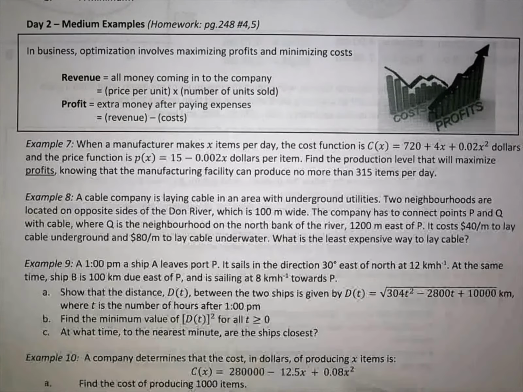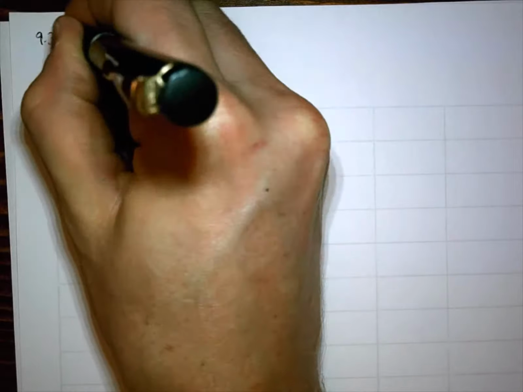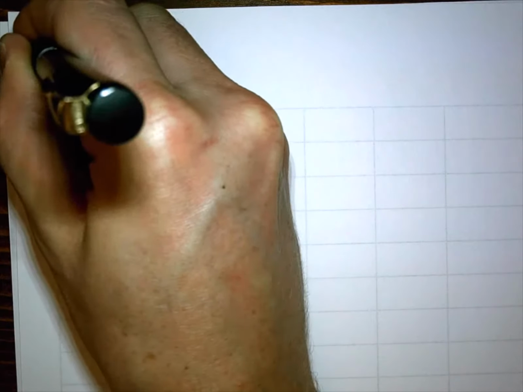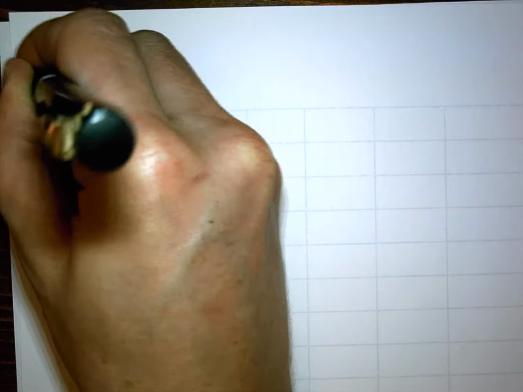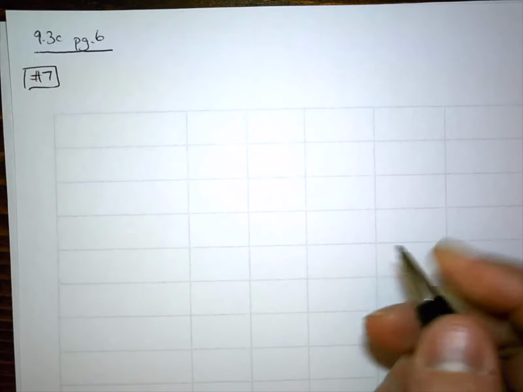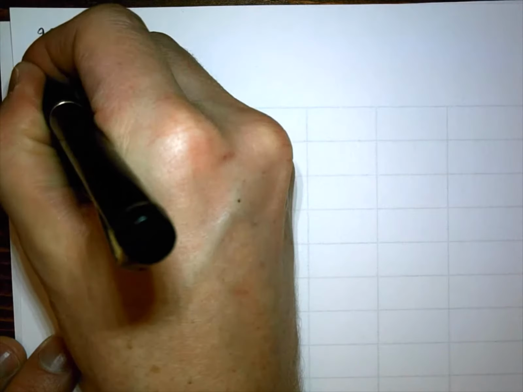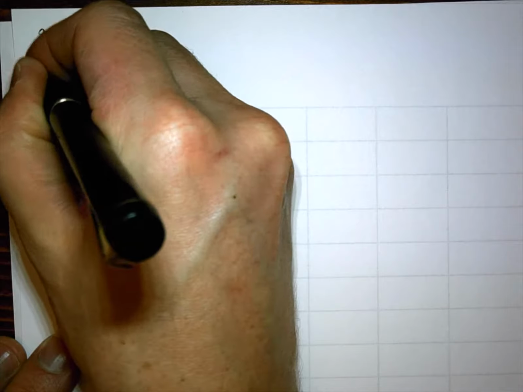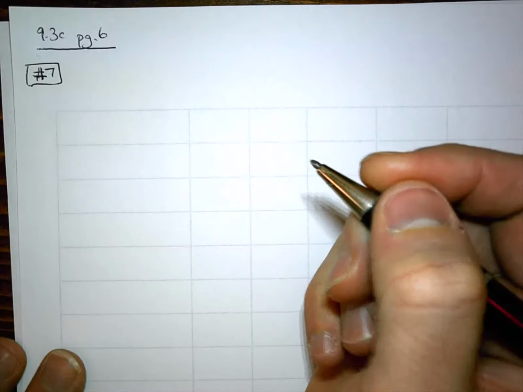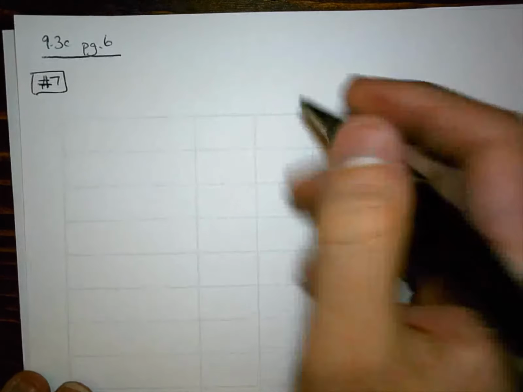Okay, so let's do this problem. Let's get a new sheet of paper. Let's call this 9.3c, page 6, and this is number 7. First things first, I would want to draw a sketch, but it's kind of hard to draw a sketch here, and I'm probably going to lean on those formulas and discussions we talked about earlier.